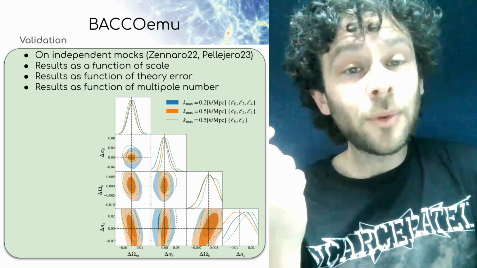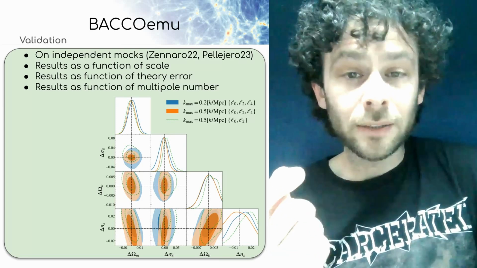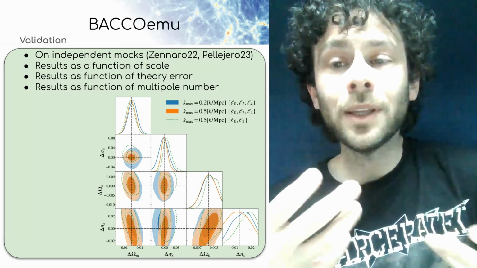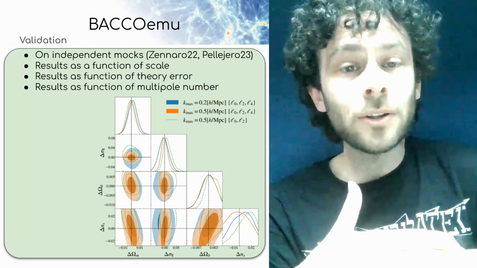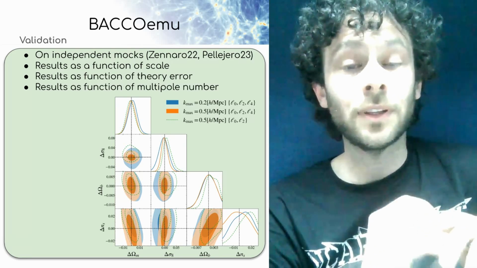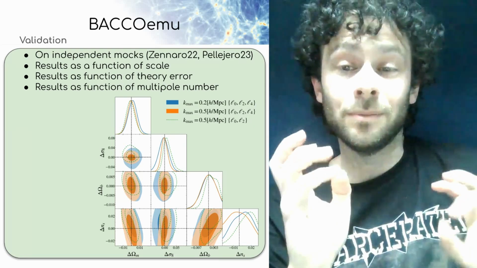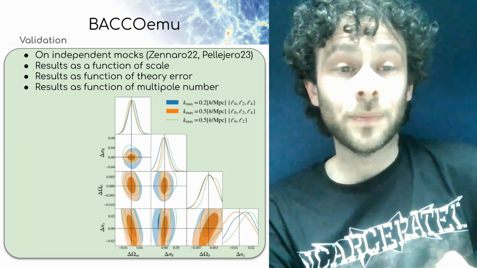Since we are using n-body simulations and emulators, there is an intrinsic amount of noise and errors that we are including into the model. That's why we also accounted for different degrees of theoretical error budgets, finding no relevant shift in the recovered parameters.